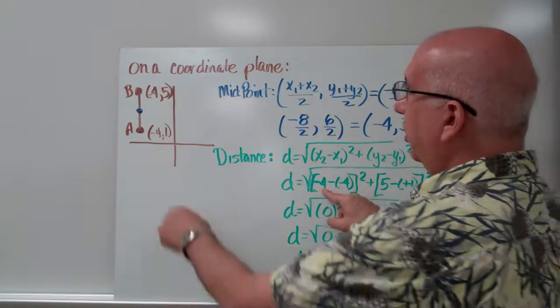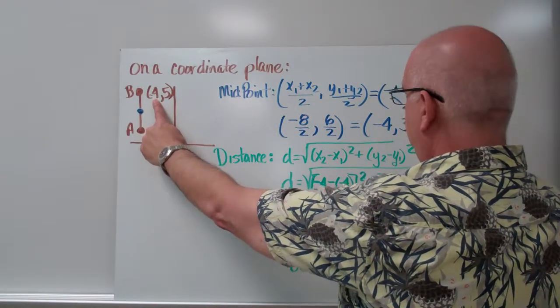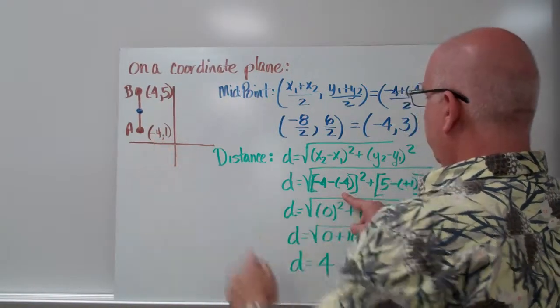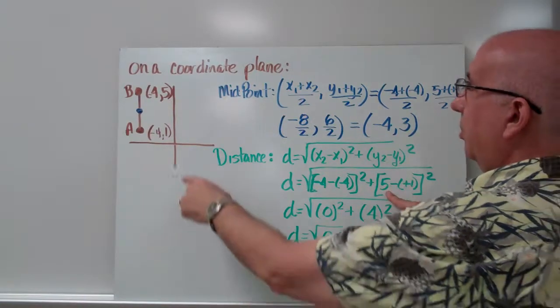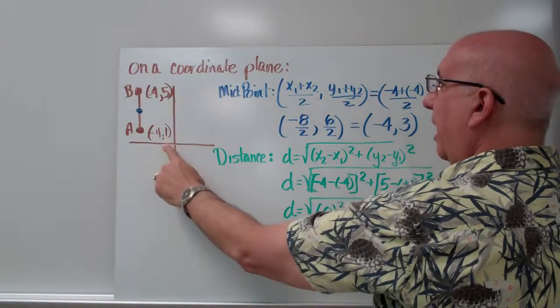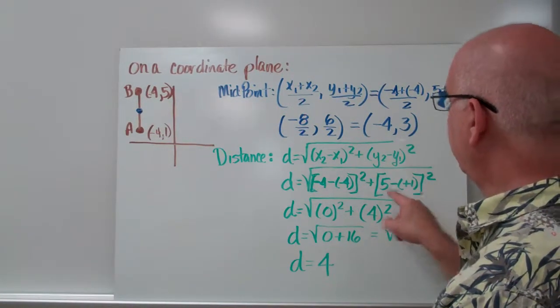So x sub 2 is this, -4 minus x sub 1, which is -4, the quantity squared. Substitute y sub 2, 5, minus y sub 1, 1. Take care of the double signs.